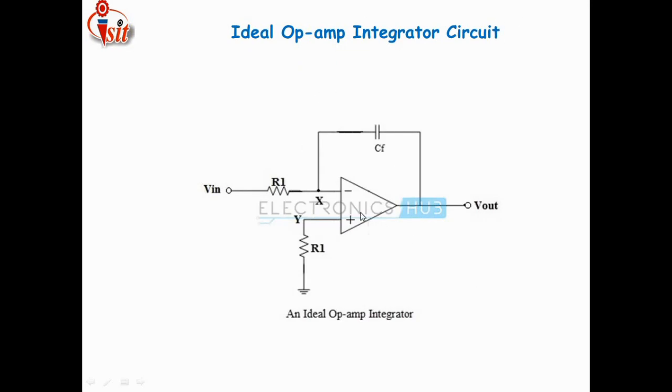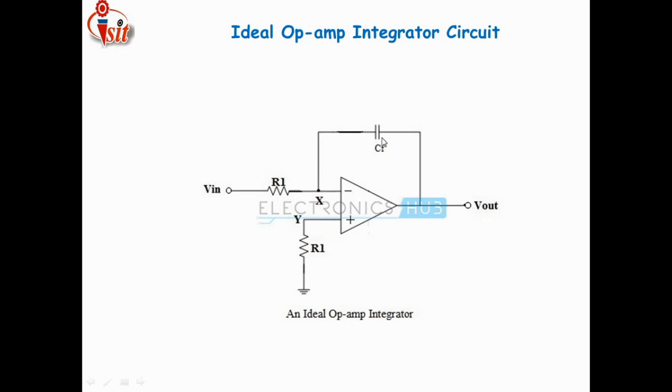Now the ideal op-amp integrator circuit. Just see here, the input is given to the ideal op-amp integrator at the inverting terminal of the op-amp, and the non-inverting terminal is connected to ground. The input resistor R1 is used here. Node X is formed here and node Y is formed here.